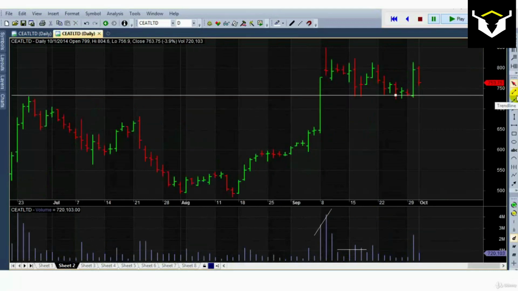You can see here when prices are moving up, volume tends to increase, and volume decreases when prices start drifting downwards, which means people are interested in prices going up rather than down.